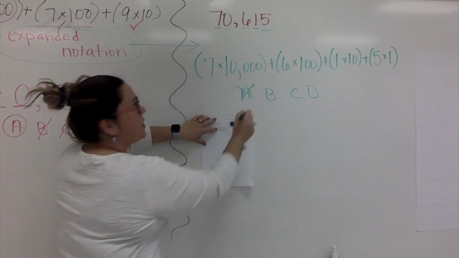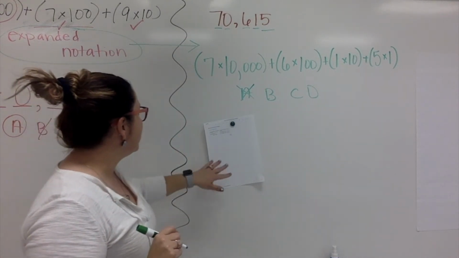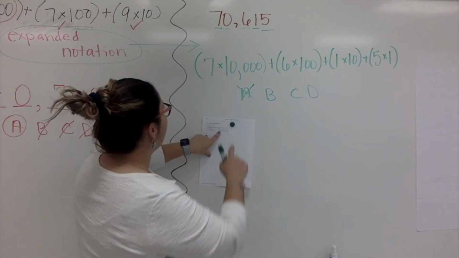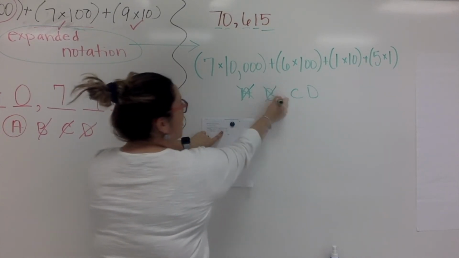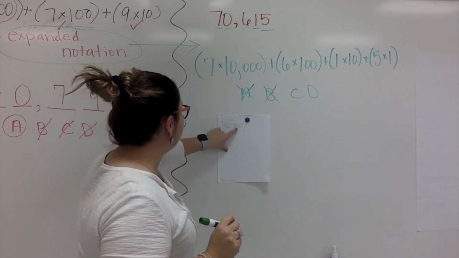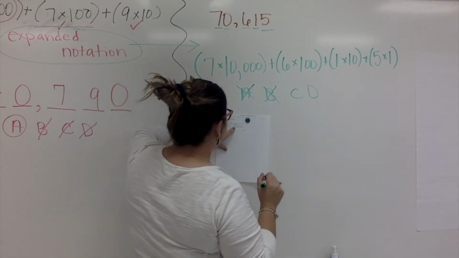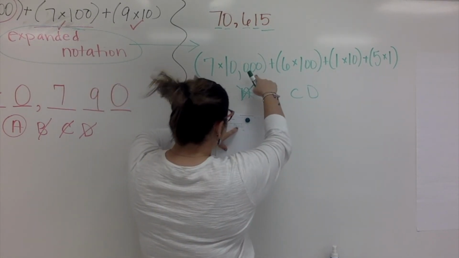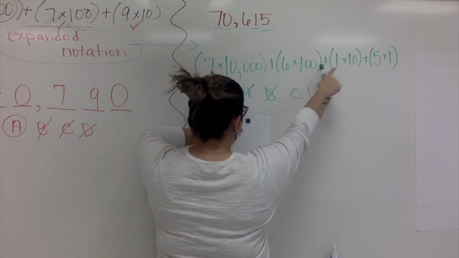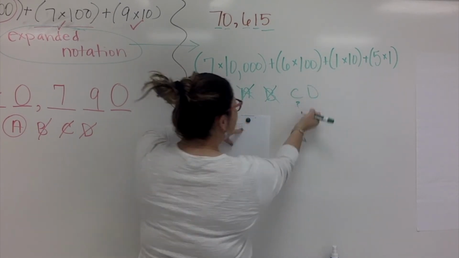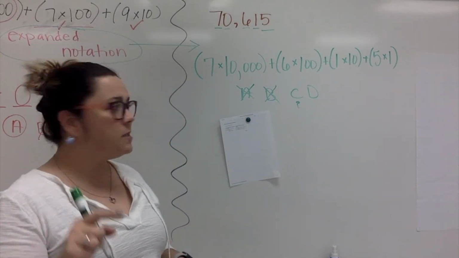I automatically know that that cannot be my answer. B says 7 times 10,000, check. 6 times 1,000, nope, that one can't be my answer. C says 7 times 10,000, yep. 6 times 100, yep. 1 times 10, yep. And 5 times 1, so I think C is my answer, but I'm going to make sure.